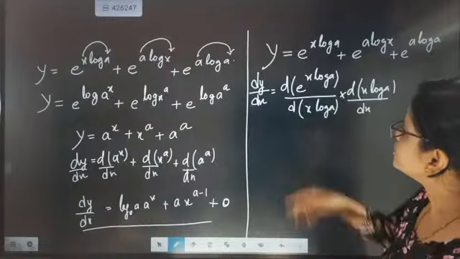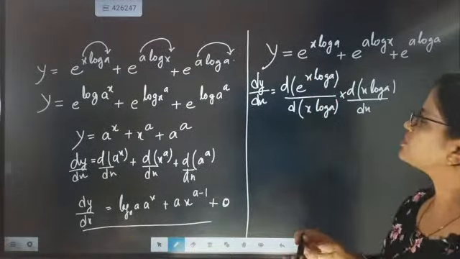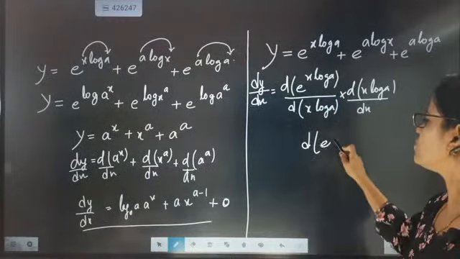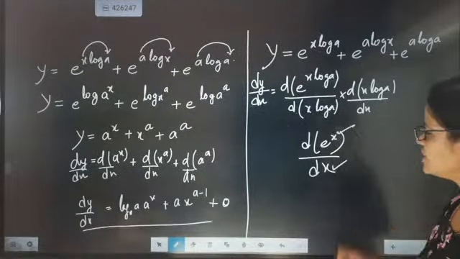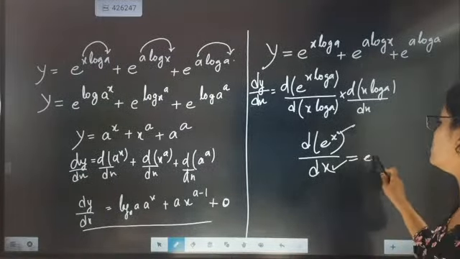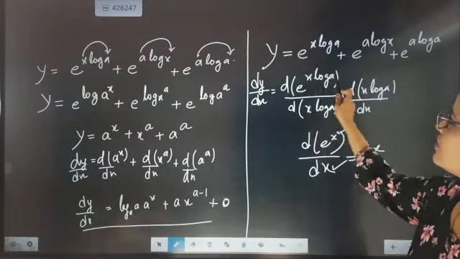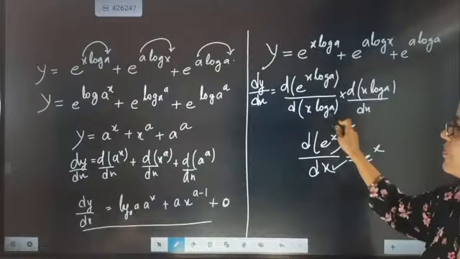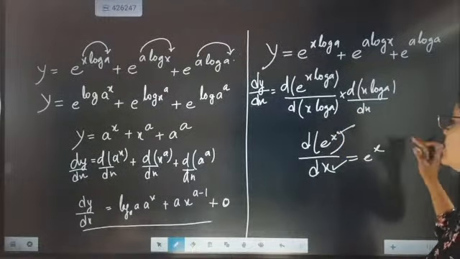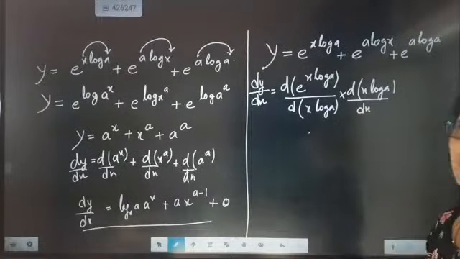Because when you write differentiation of e to the power x, then you write dx. So x is differentiated with respect to x, then only e to the power x is coming. If you take this as one variable, and that variable is differentiated with respect to itself, then the answer will come straight away, e to the power that variable.